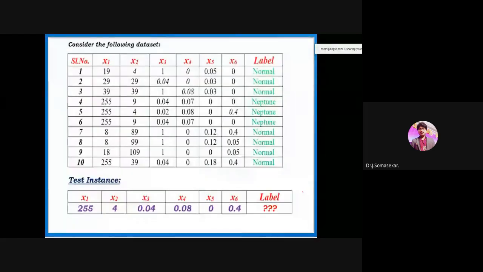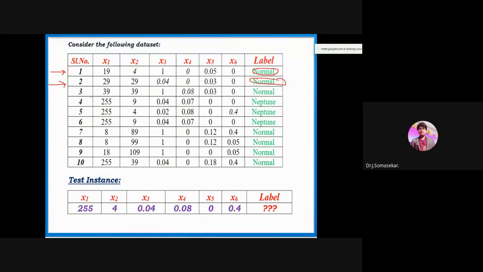Here I'm taking one synthetic data set. You can see here the serial number, x1, x2, and so on up to xn. The first record has the class normal, and the second record also has the class normal.